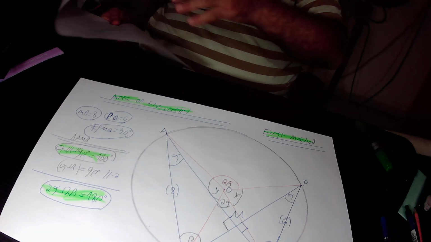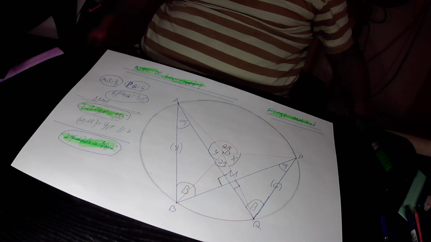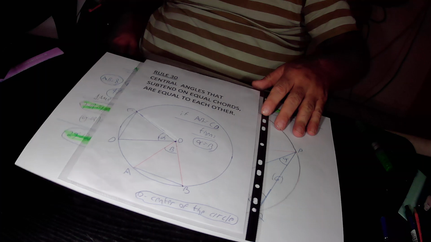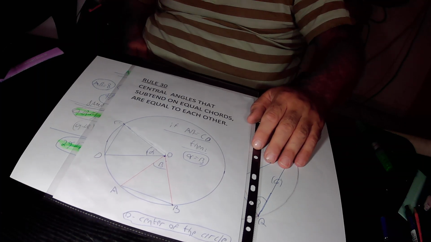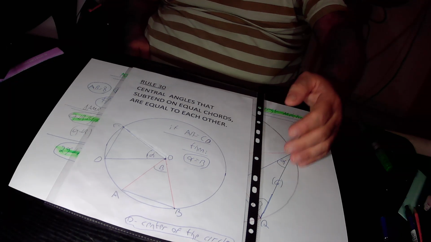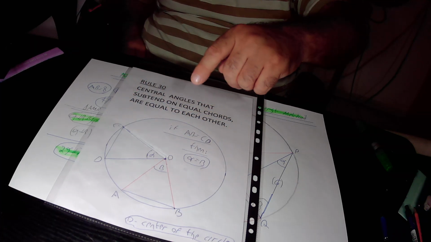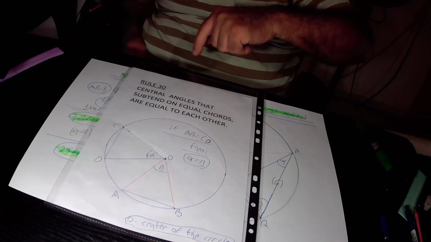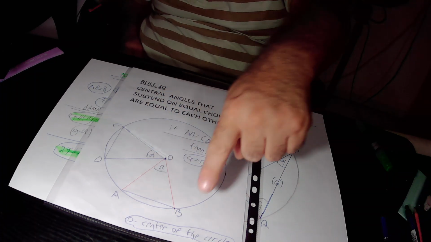In the next step, I presented to you rule 30, and we present rule 30 in our drawing. According to rule 30, center angles that subtend on equal chords are equal to each other. In the drawing we have, first, center angle COD that subtends on chord CD. Second, center angle EOB that subtends on chord AB.